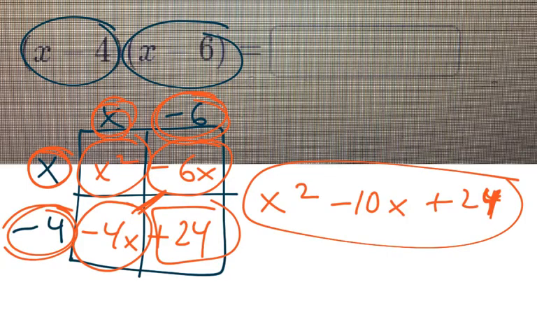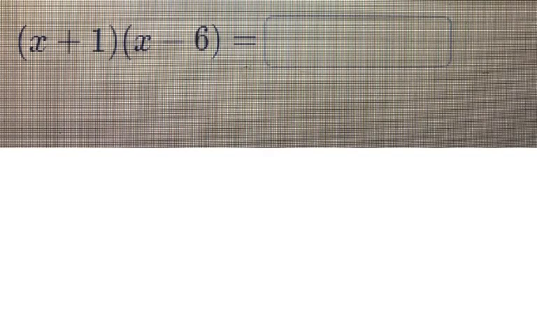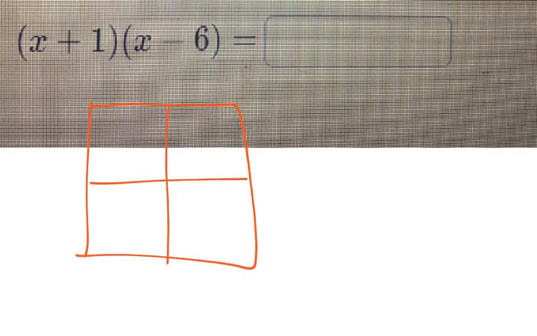All right, let's do at least one more of these. Again, we're going to set it up with the area model. I'm going to do x plus 1 down the sides. I'm going to do x minus 6 across the top. Each variable, again, or term gets their own row or column. We're ready to go, guys. x times x is x squared.